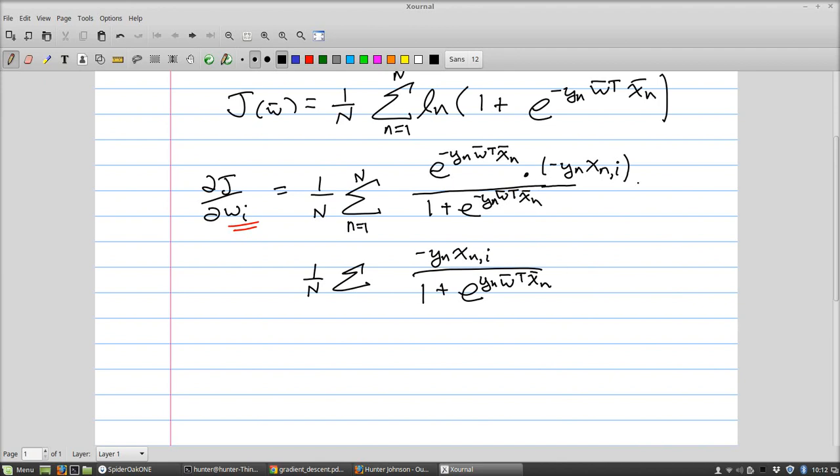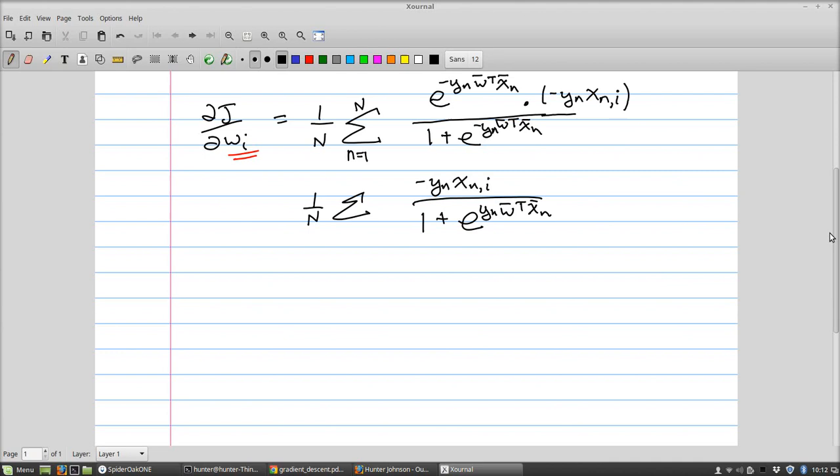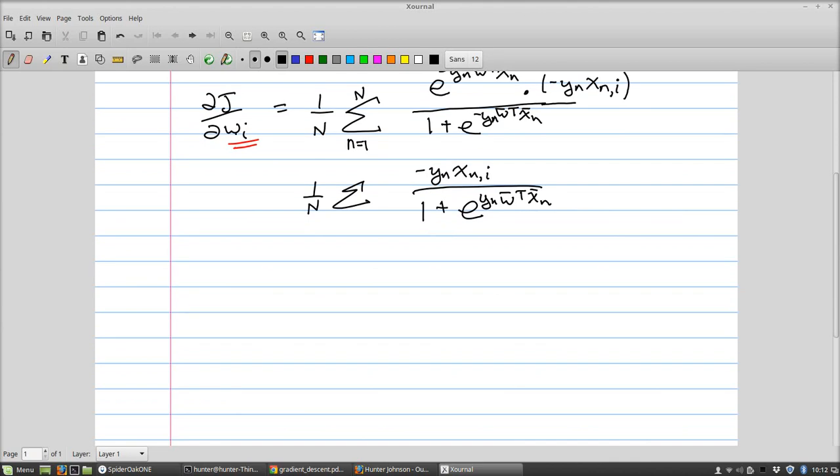What I've done is I've multiplied top and bottom by this. And so this is actually what happens when that quantity hits 1. When this quantity hits that, it turns into this 1. And when this quantity hits that, it turns into a 1 on the top. And that's why it's gone. Okay, so this is just the partial derivative with respect to wi.